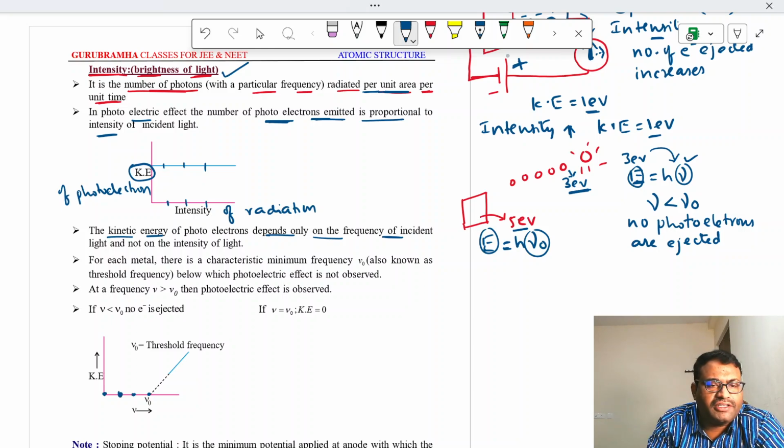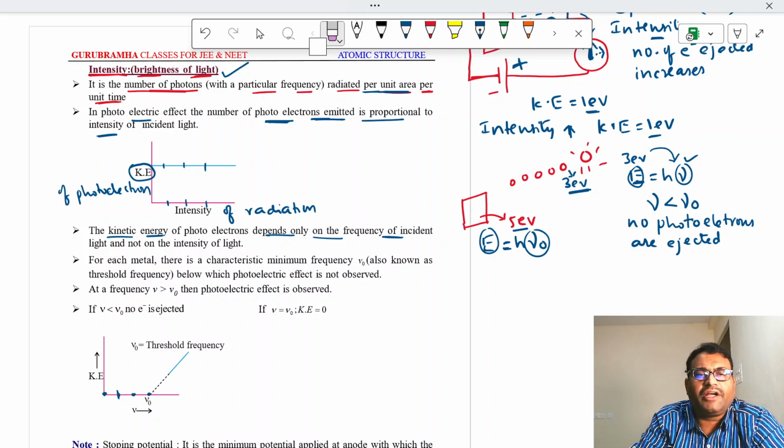For example, let us consider this is the frequency related to 3 electron volt. In the same way, now I am increasing the energy of incident radiation to 4 electron volt.